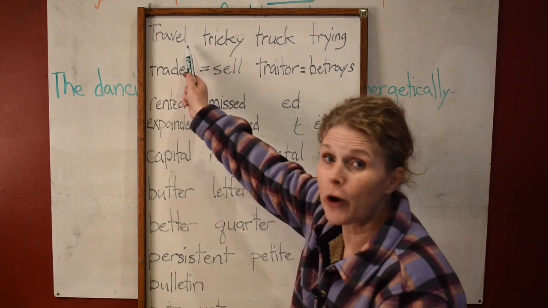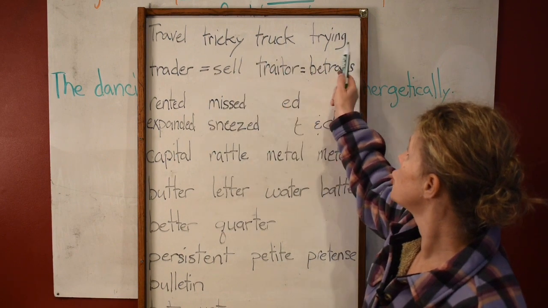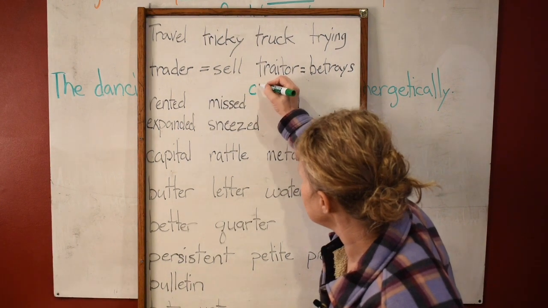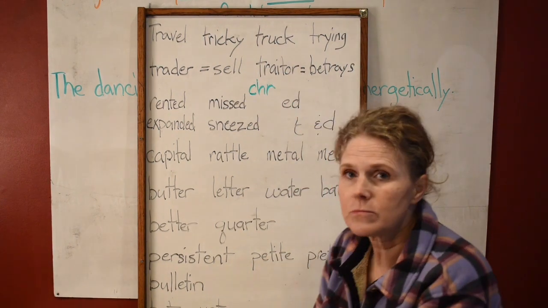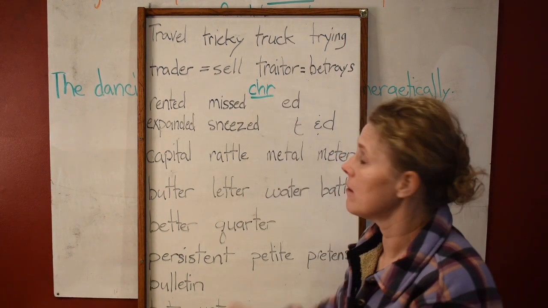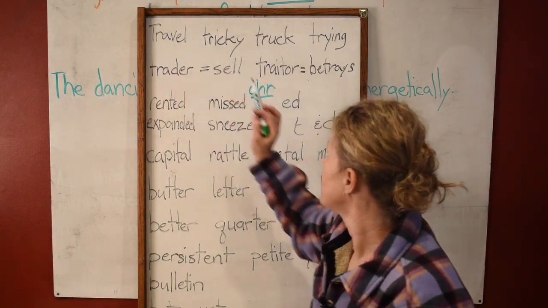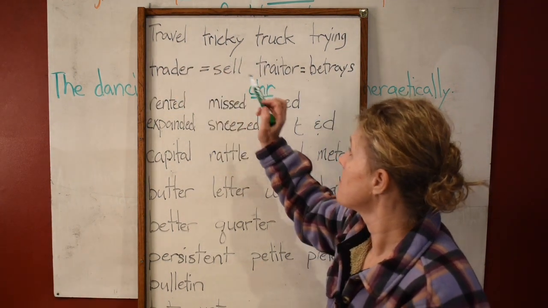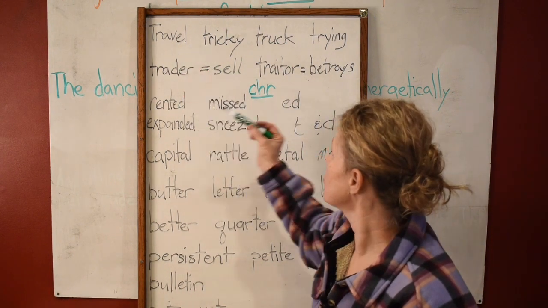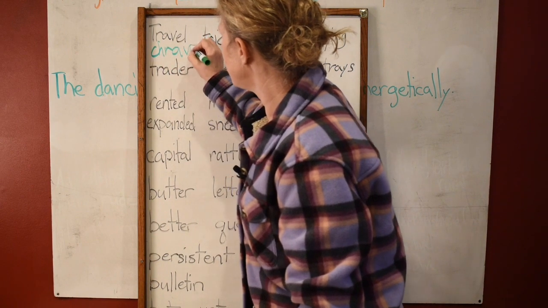You say travel, tricky, truck, trying. So if you see a CHR, you know it's Greek. CHR is Greek, and this is not Greek. So you can't spell it like CHRAVEL.